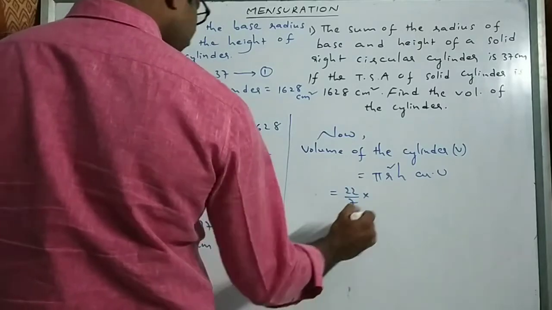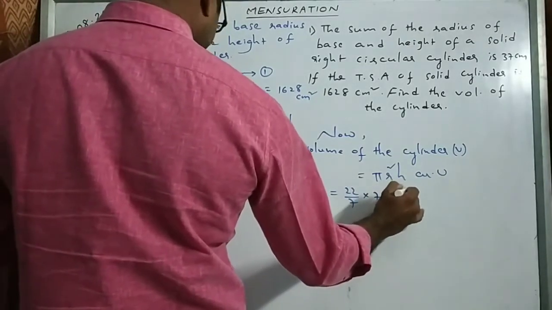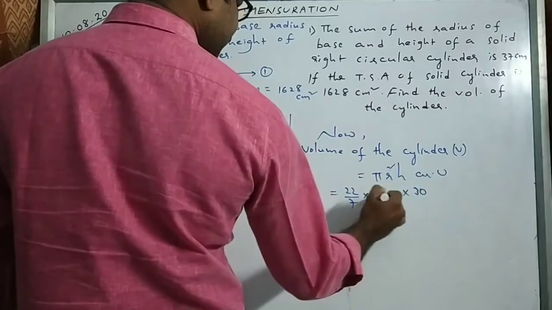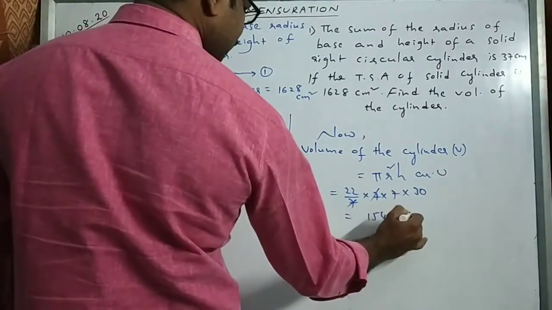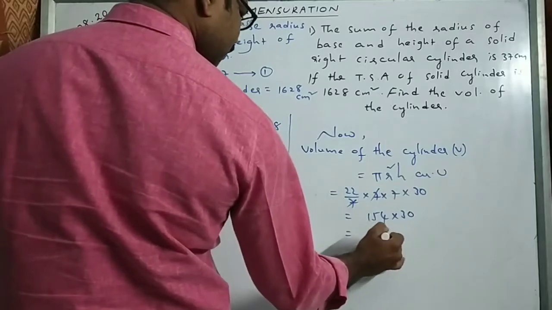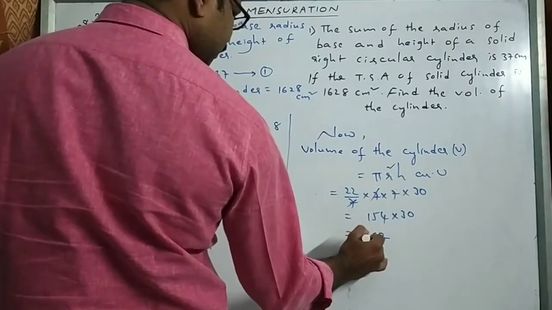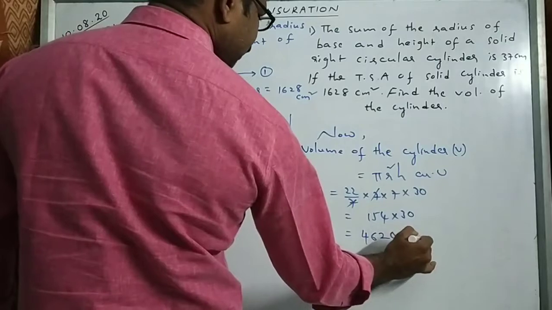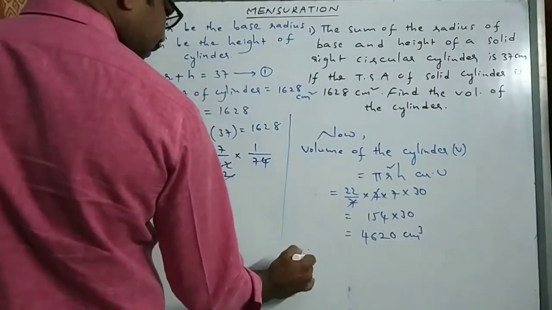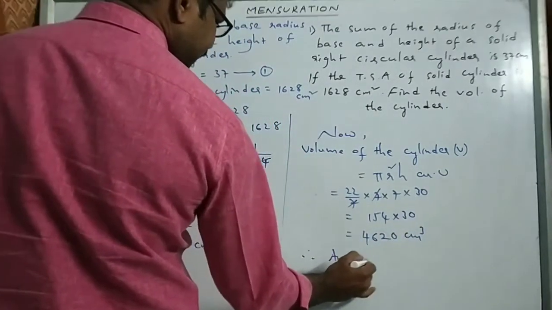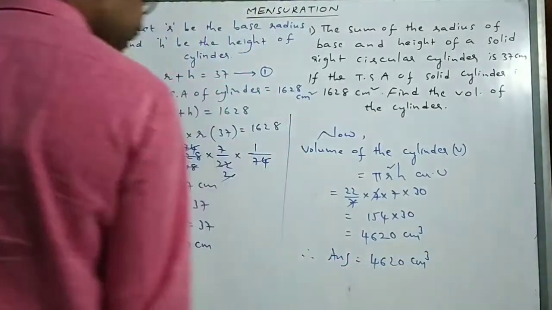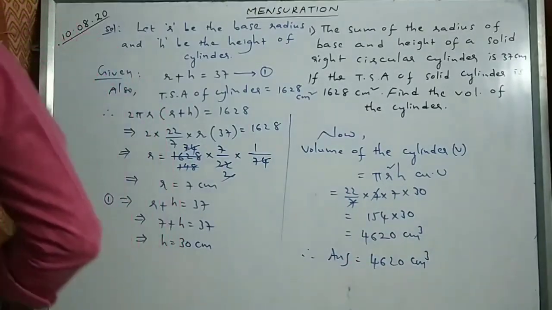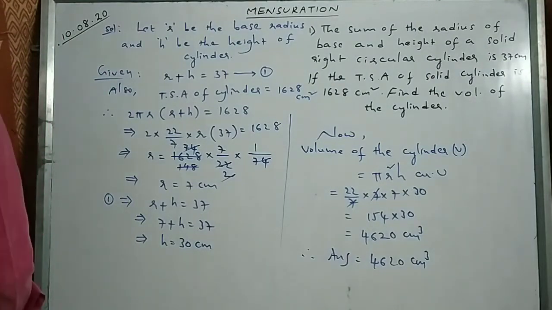R square means how much? 7 into 7 into h 30 cubic centimeters. Therefore, final answer is 4620 cubic cm. Okay, that is the end of solution.